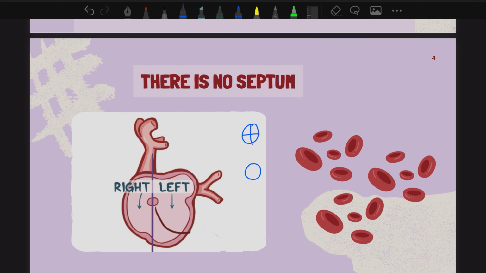It is like a circle, with no right or left part, or ventricle or atrium. That's why in today's lecture we will see how we get the interatrial septum and the interventricular septum, which divide the heart into these four parts.